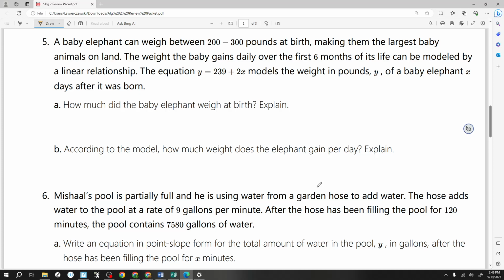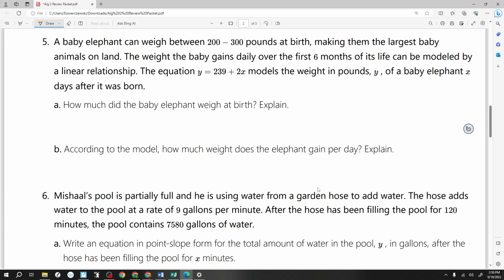So the question is, x is representing the number of days after birth. How much did the baby elephant weigh at birth? What do we plug in for x? How many days? If the baby elephant was just born 10 seconds ago, how many days have passed? 0.